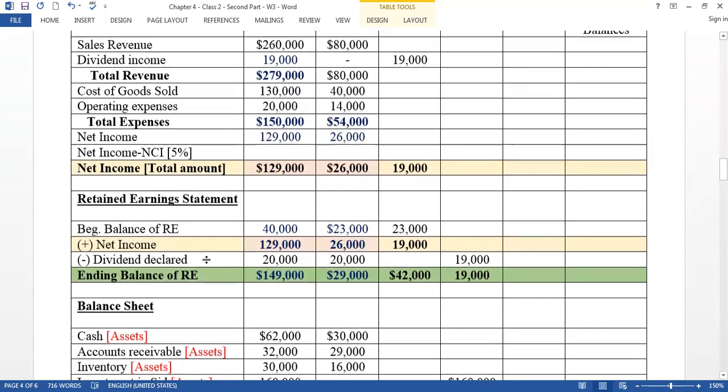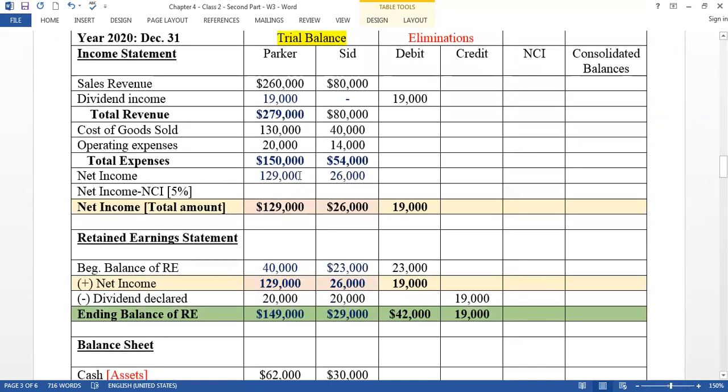Now, last class I told you that this net income is the parent company's, and this net income is the subsidiary company's. From this net income, the parent company will receive 95%, and 5% goes to NCI. That means this is the NCI column here. I repeat, this is the parent company's net income, and this is the subsidiary company's net income. $26,000 is 100%.